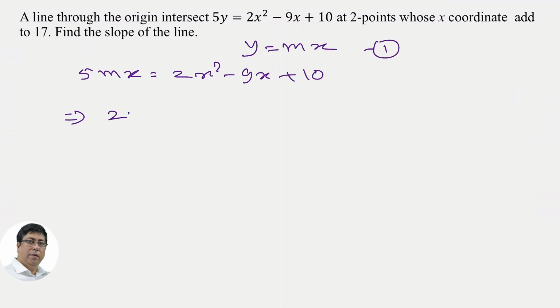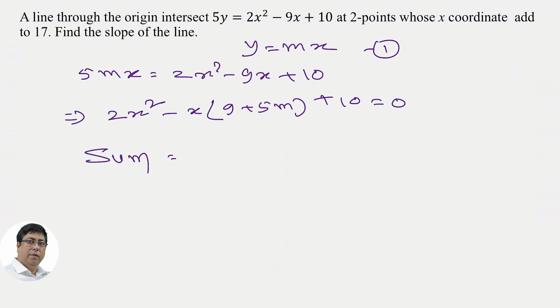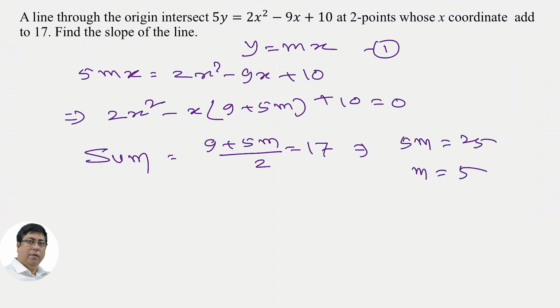So make one quadratic equation in x: 2x square minus x into 9 plus 5m plus 10 equal to 0. Therefore, the sum of the roots is minus b by a. So 9 plus 5m by 2 is coming to be 17. Therefore, 5m equal to 25. So m equal to 5. So the answer is coming to be 5 here.